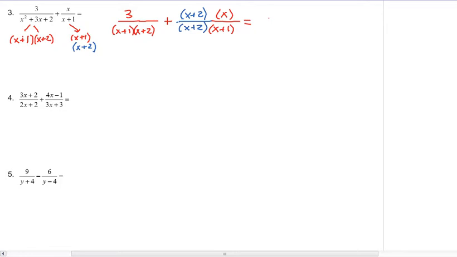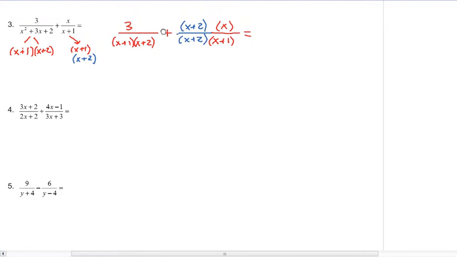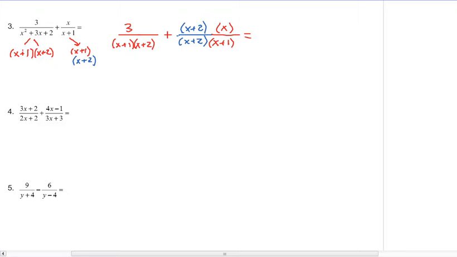Since both the bottoms are the same now, we can go ahead and multiply stuff together. Everything on the top you should simplify. So we're going to have 3 plus x plus 2 times x, which means that x has to multiply x, and also x has to multiply 2.